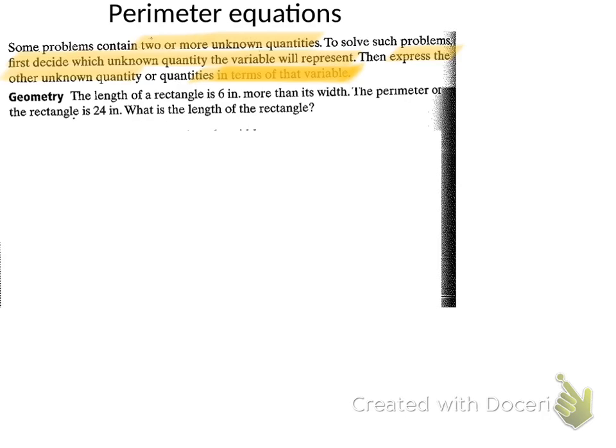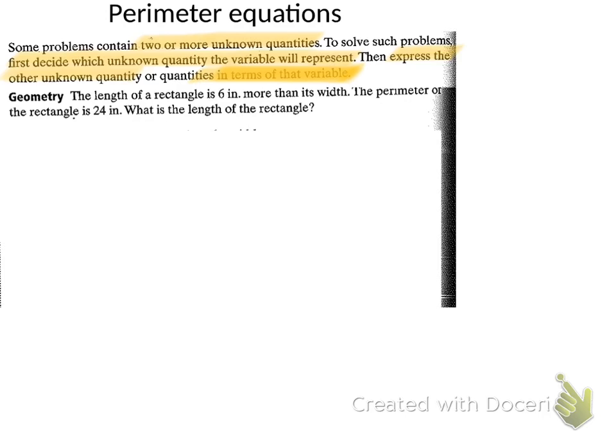Well, if you recall, in the problems we were working on last week, remember the fudge problem? The one about the chocolate fudge and the peanut butter fudge?